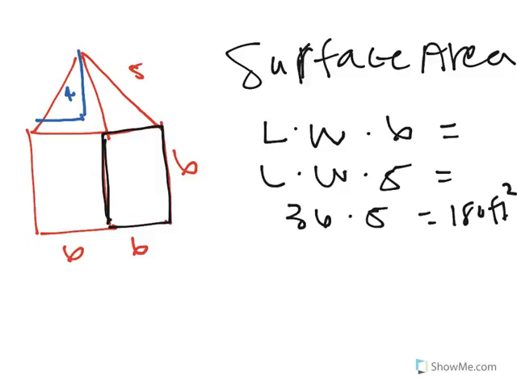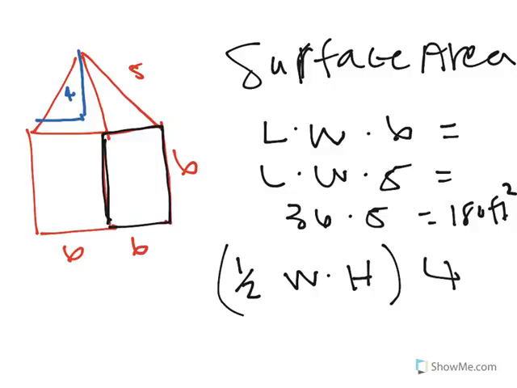Now time to find the surface area of the pyramid. Now the surface area for a pyramid is 1/2 width times height. Remember, that's the height we found earlier, which is 4. And then we multiply all of that by 4, because there are 4 triangles.